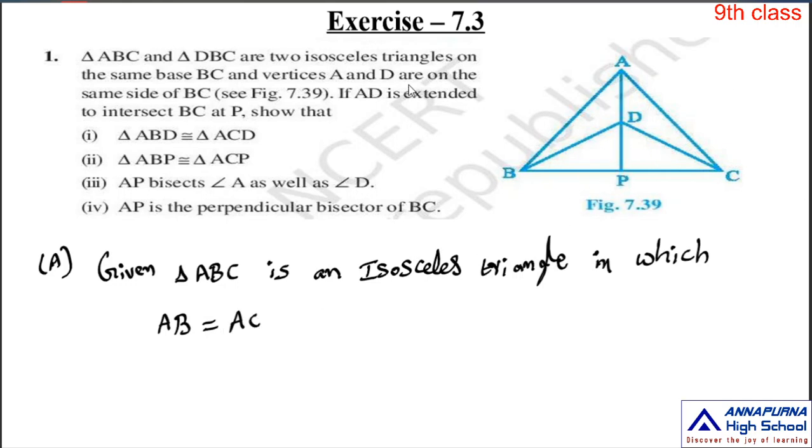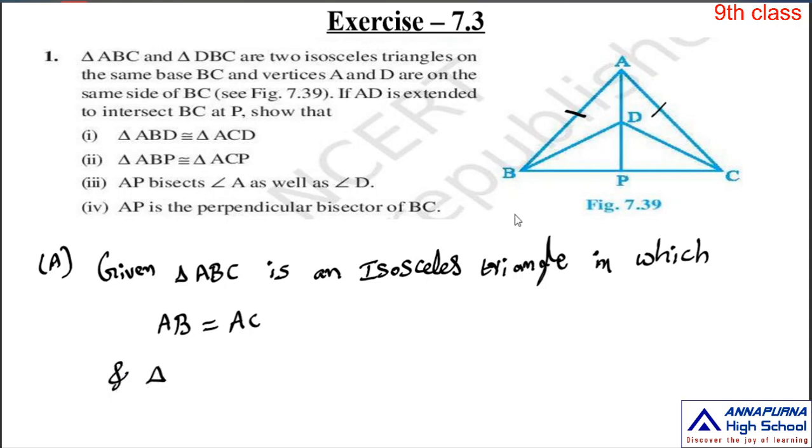In triangle ABC, AB is equal to AC, so triangle ABC is called an isosceles triangle.